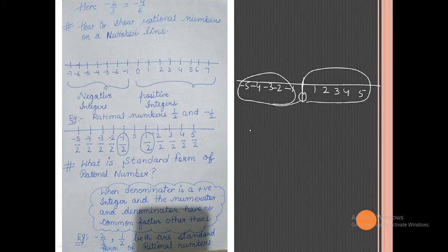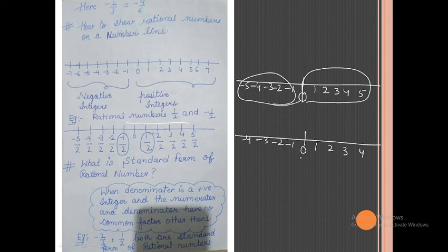And like this we can represent rational numbers 1 by 2 and minus 1 by 2 on number lines. For this we take 0 in the center, 1, 2, 3, 4, and on the left side minus 1, minus 2, minus 3, minus 4.